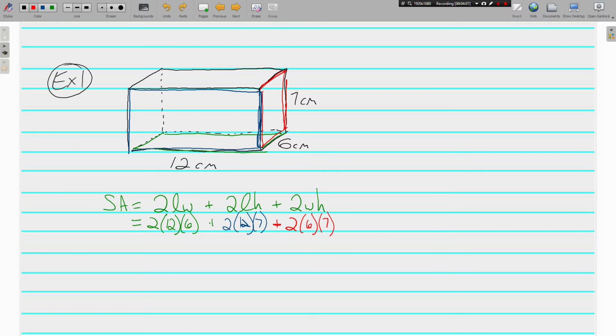2 times 12 times 6 is 144. 2 times 12 times 7 is, oh goodness, how much is that? 2 times 12 times 7, 168.